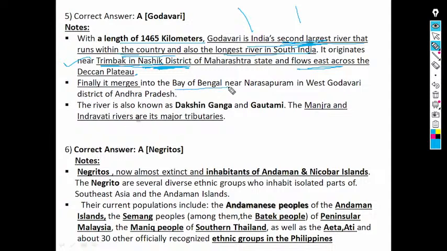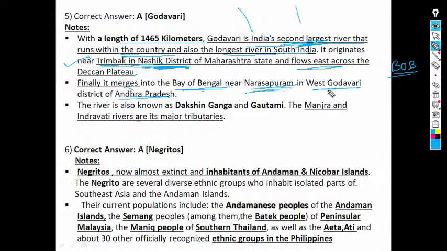Finally, it merges into the Bay of Bengal near Narsapuram in West Godavari district of Andhra Pradesh.